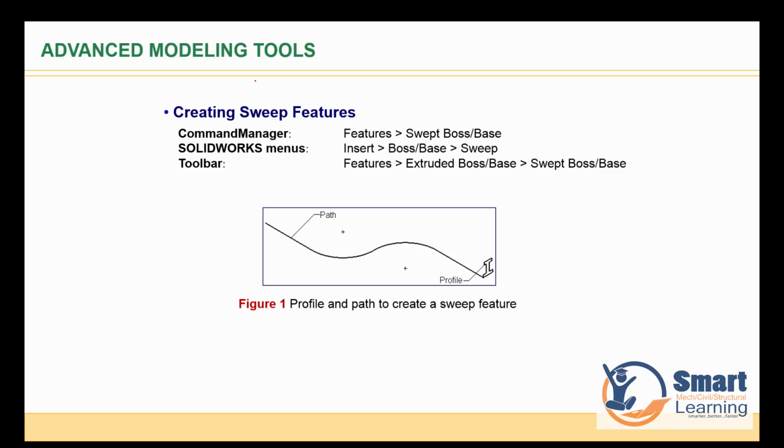So if you start learning this sweep concept, and you have already worked in CATIA or NX or Creo or any other package, you come across the same features or facilities. So here you have one profile and one path, and with respect to this you are going to create your object.